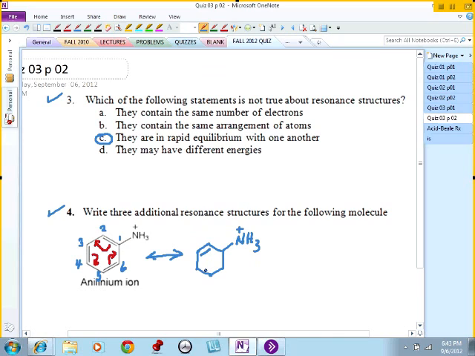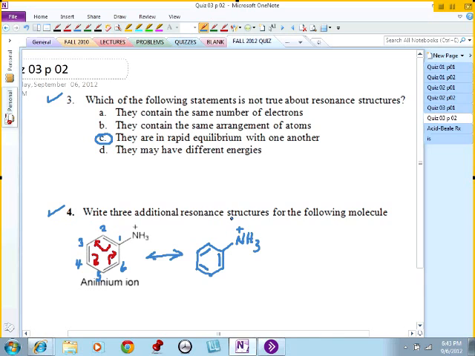Between 2 and 3, and between 4 and 5, and between 1 and 6, right? Okay. So these two are resonance structures of each other. So that is one. Some of you wrote what I gave you. That's fine also, since I asked for 3.